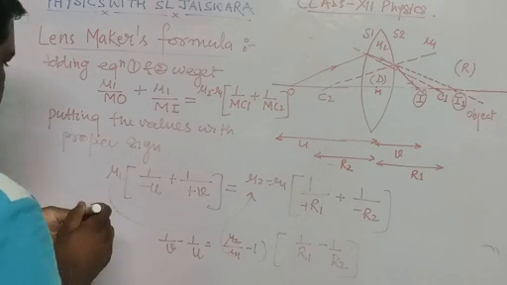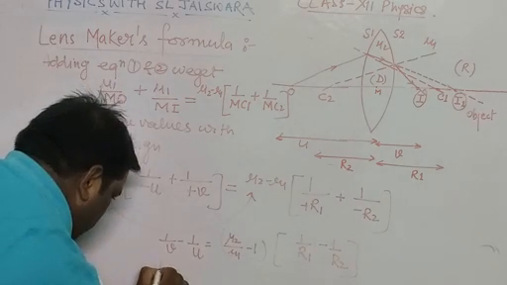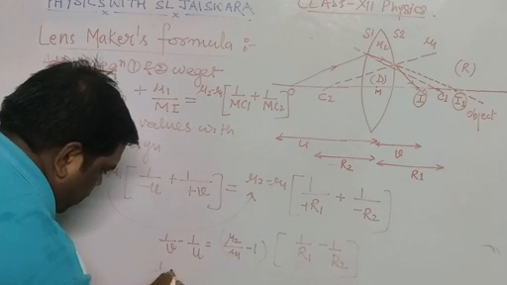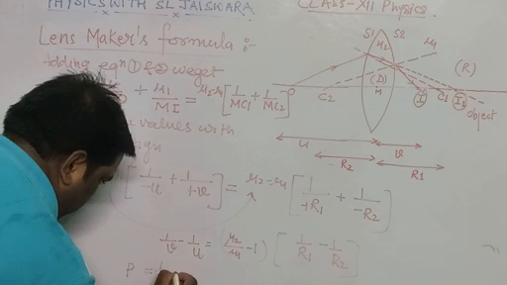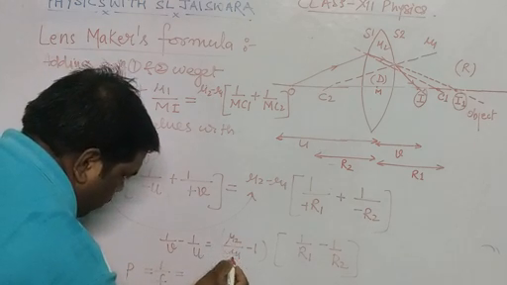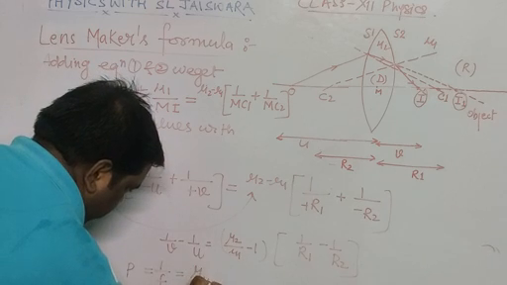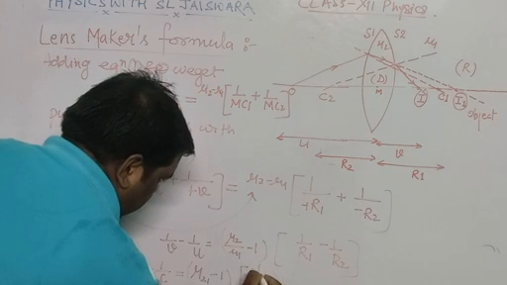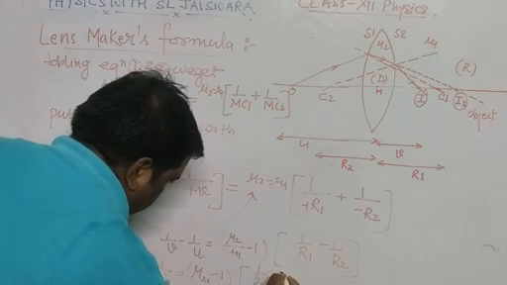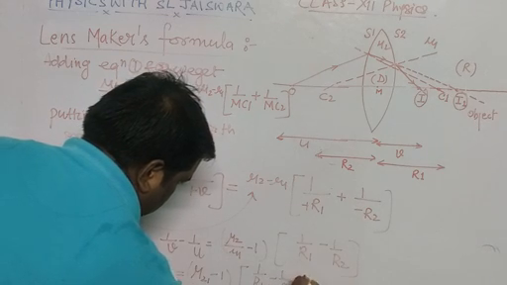Further it can be written as 1 upon v minus 1 upon u equals 1 upon f, and 1 upon f is equal to power. This is equal to mu2 upon mu1, which can be written as mu21, minus 1, and in the big bracket 1 upon r1 minus 1 upon r2.